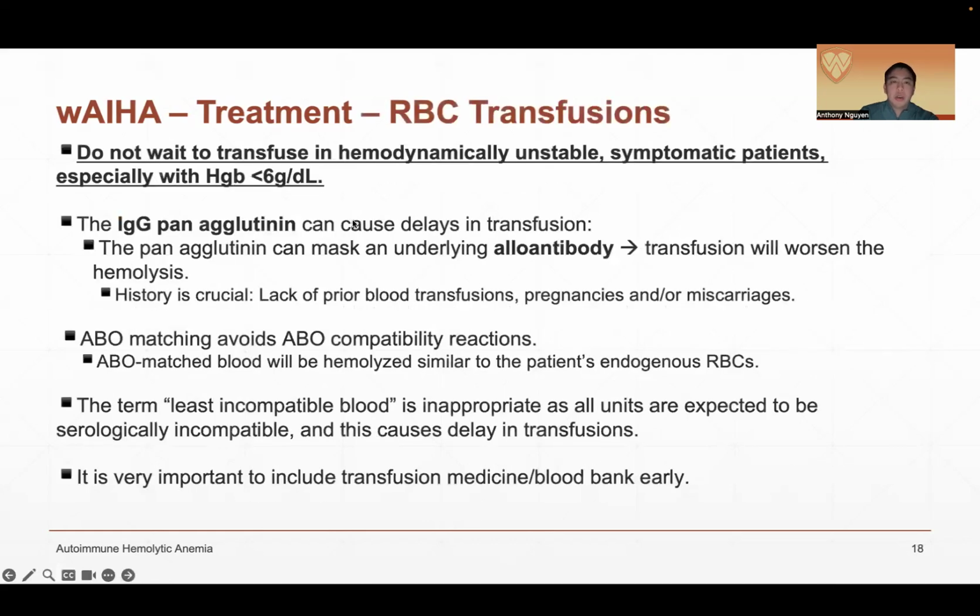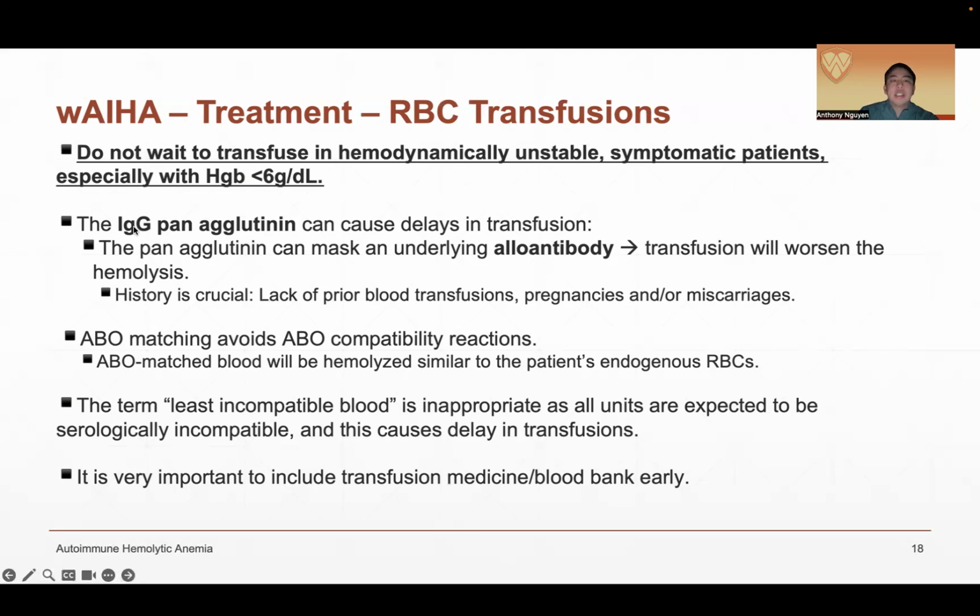Typically, patients who show up in the hospital with a new presentation of autoimmune hemolytic anemia or an exacerbation require transfusions. For patients who are hemodynamically unstable, have low blood pressure, or are symptomatic, we do recommend transfusions.